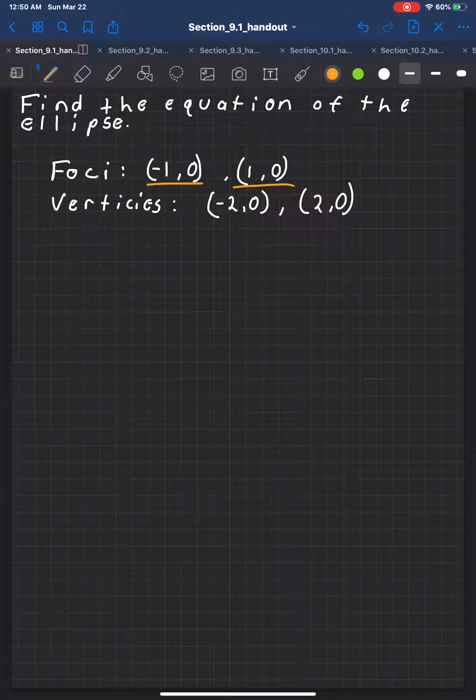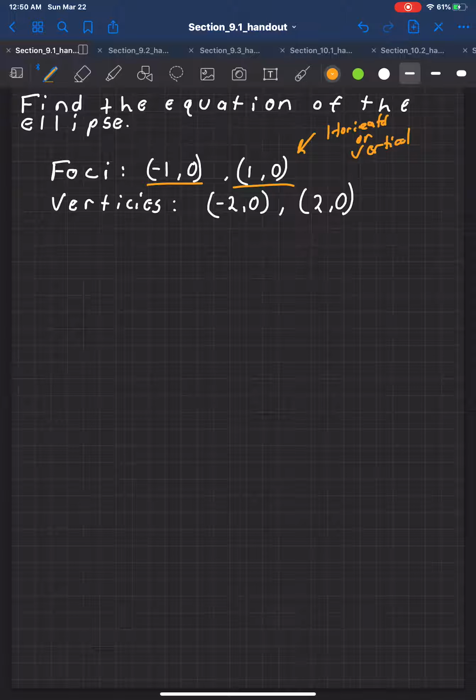In this case, they're on the x-axis, one to the right, one to the left. So this information is how you determine if it's going to be horizontal or vertical. Just knowing the location of the focal points is what's going to help you here.